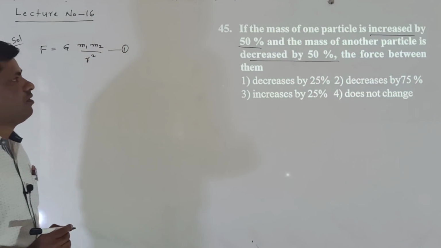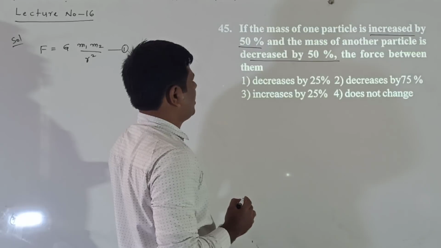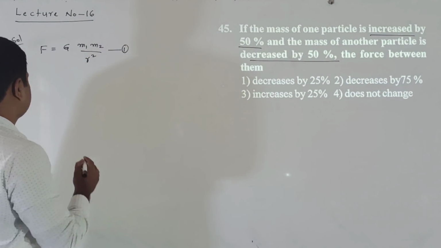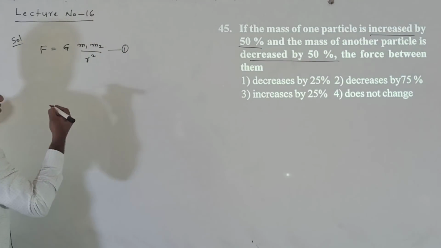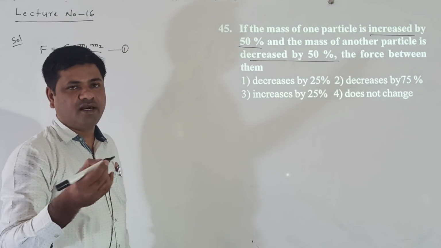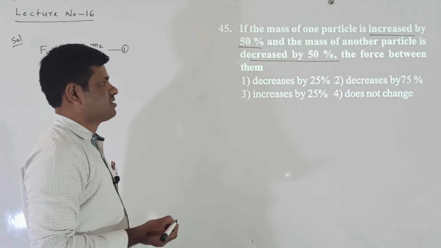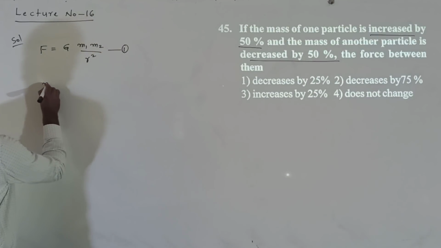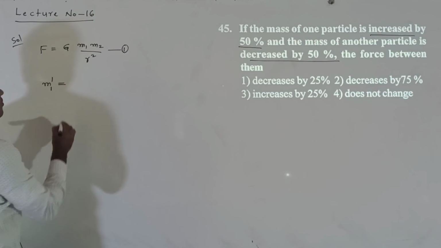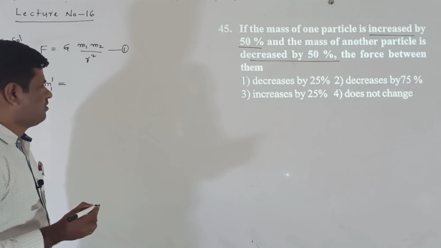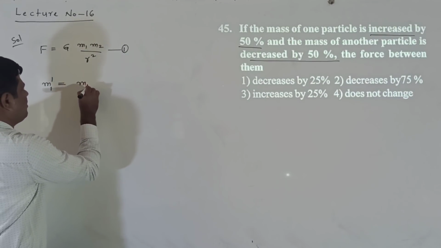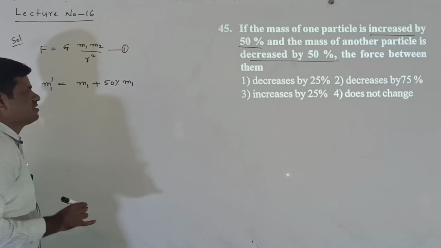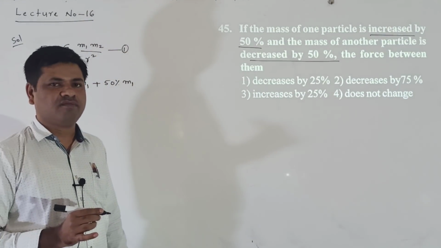Now the mass of one of the particles is increased by 50%. The new mass, after increasing, I take as m1 dash. It is increased by 50%, so starting is m1, and 50% of m1 is increasing.